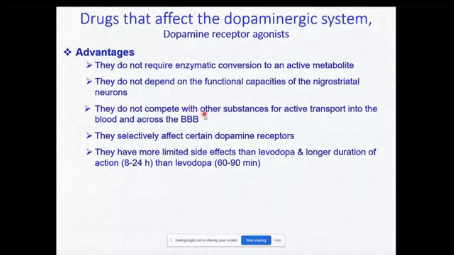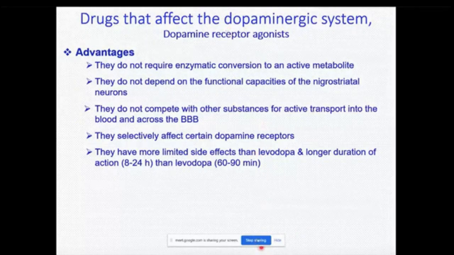Tyrosine competes with levodopa for passage through the villi into the blood, and also at the blood-brain barrier, where it competes to pass through the L-amino acid transporter. So dopamine receptor agonists don't need that. They go just right to the receptor down here.